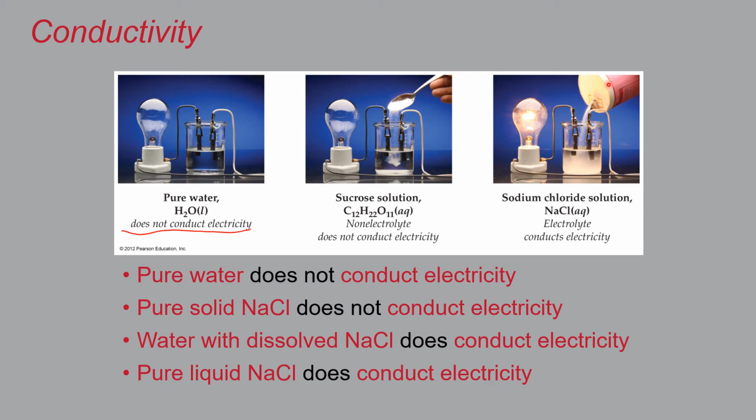In the pure solid, they aren't mobile. In the pure liquid, they are mobile. And apparently, when you dissolve it in water, you get mobile charge carriers too. Now this becomes a conductive solution. We have a name for that, and that is electrolytes. So this word right here.